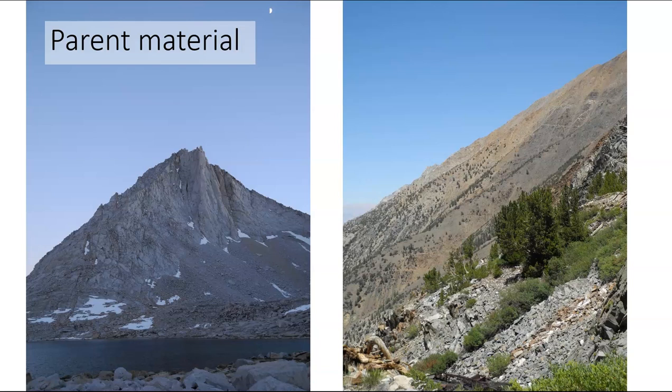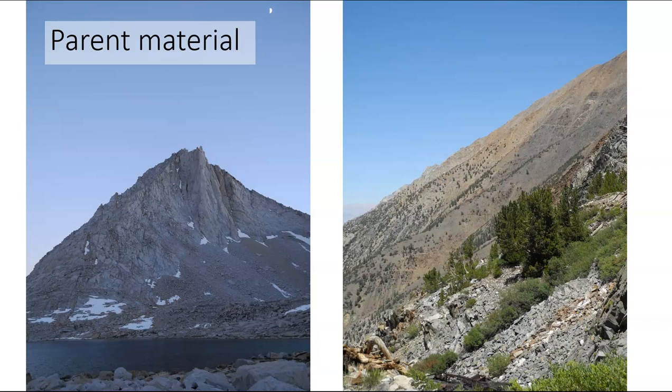And the first is parent material. That is referring to the inorganic sources of sand, silt, and clay that are going to form the inorganic portion of mineral soil. So we've got Miriam Peak, a granite Sierra peak here on the left, and then the slopes of Mount Tom on the right, which has a higher concentration of mineral components in those soils.